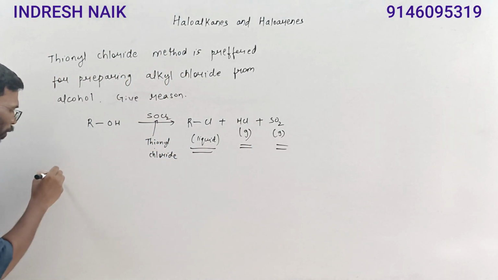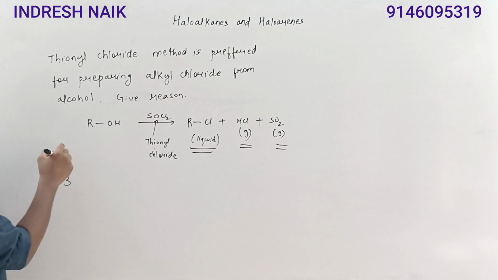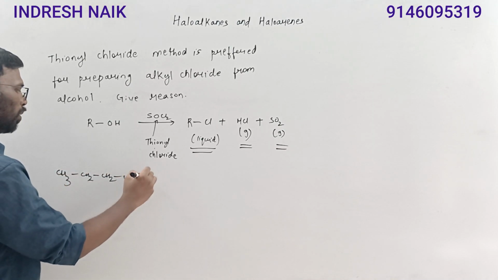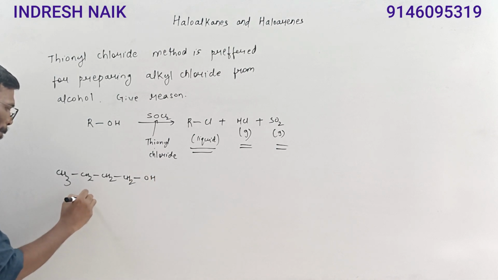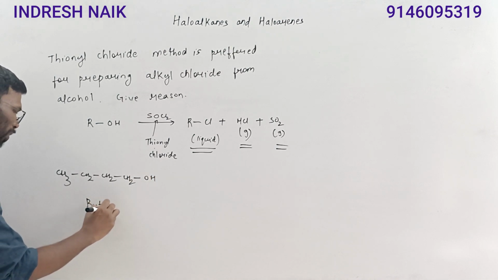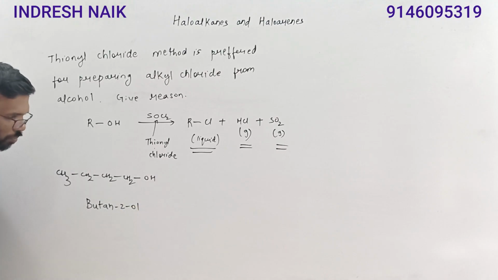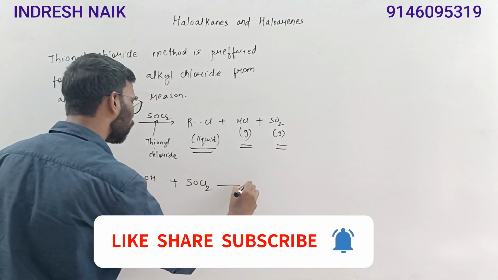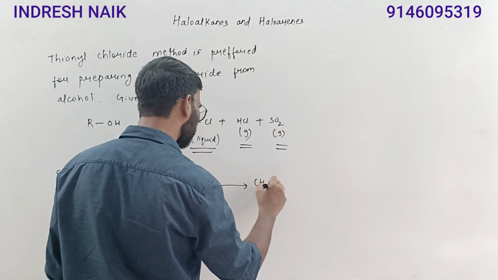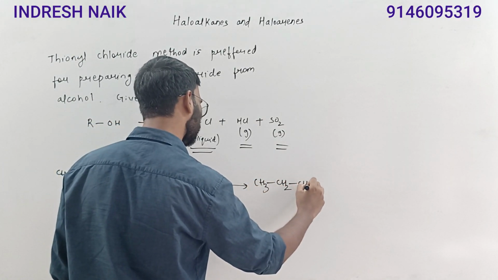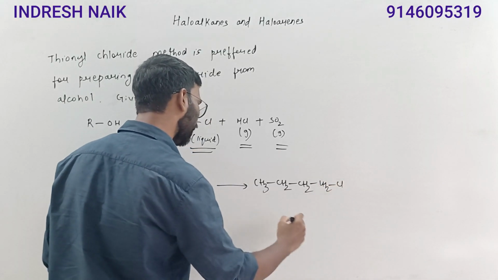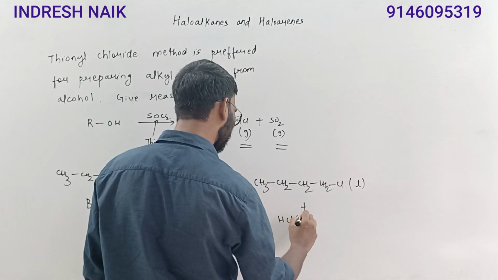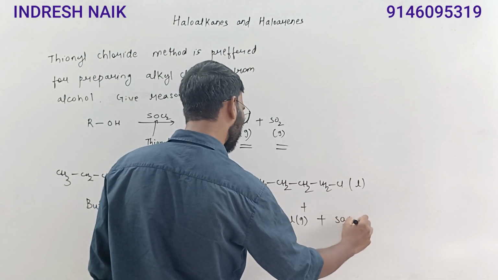For example, if we take CH3CH2CH2CH2OH, butane-1-ol, and react this with thionyl chloride SOCl2, what you get is CH3CH2CH2CH2Cl, which is a liquid, plus HCl gas plus sulfur dioxide gas.